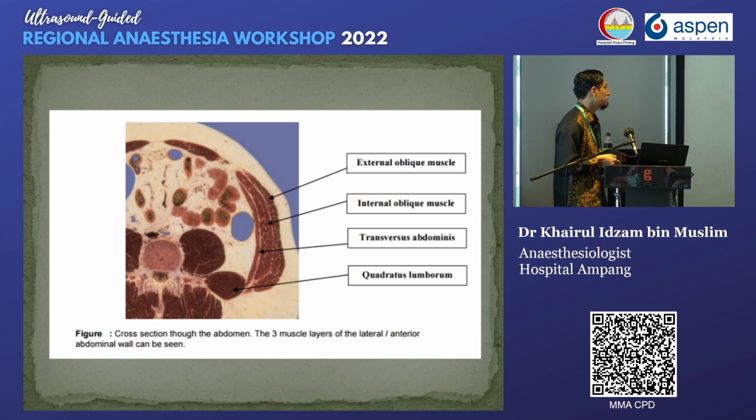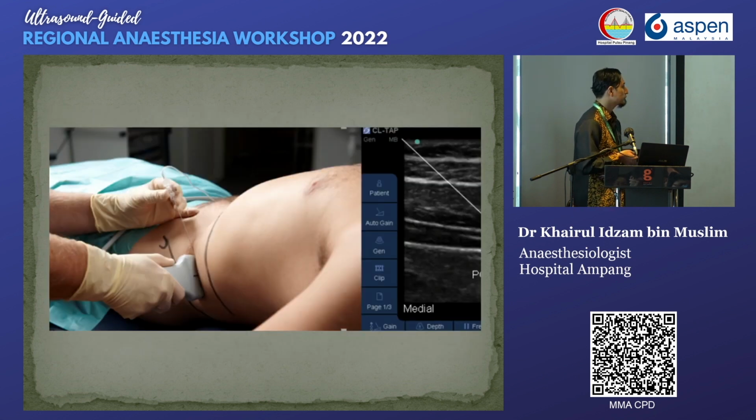So this is the cross section, in which we can identify the three abdominal muscles: external oblique, internal oblique, and transversus abdominis. So here is where we want to deposit our LA for TAP block. Another picture of how to perform TAP block.